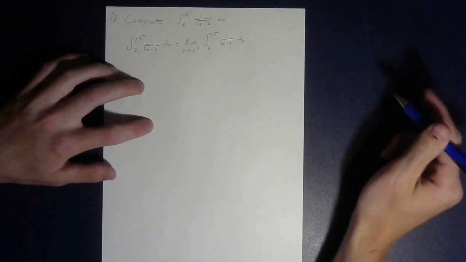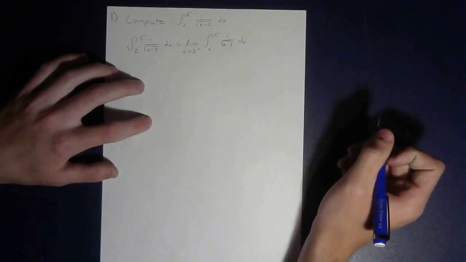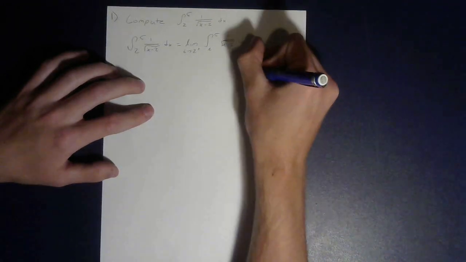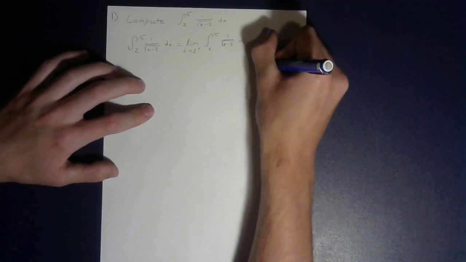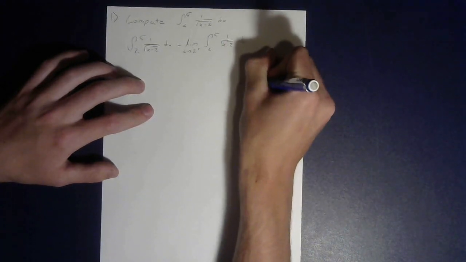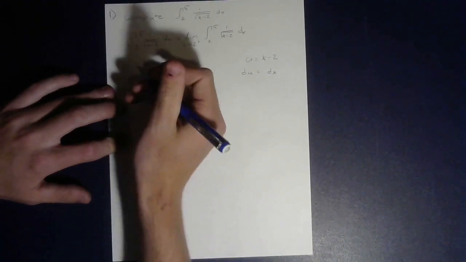Now, to solve this, we first have to solve for this integral here. To do that, we're going to do u sub. So we're going to set u equal to x minus 2, and du is equal to dx. Then we plug that in.